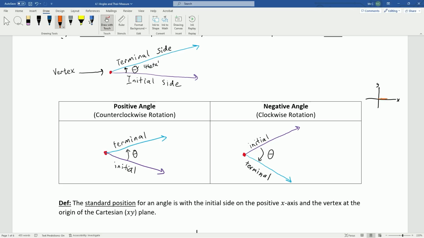If we start on the positive x-axis, then when we draw an angle upward, we are naturally going counterclockwise. So since starting from the positive side of a graph and drawing upward is counterclockwise, we call that a positive angle, as opposed to drawing downward, which would be a negative angle. Okay, so clockwise rotation is a negative angle, counterclockwise rotation is a positive angle.